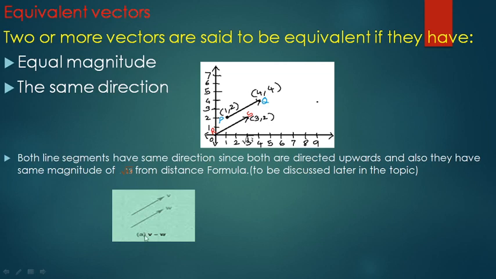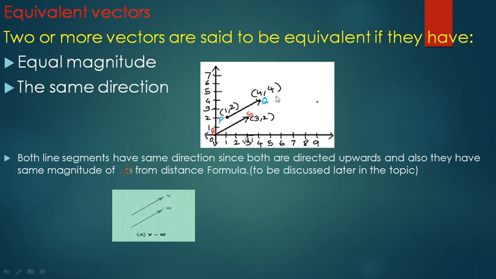For instance, if you see this vector V and vector W, if you measure the length from here to here and the length from here to here, you find they have the same length, meaning they have the same magnitude. And they are pointing towards the same direction, and therefore they are equivalent vectors.